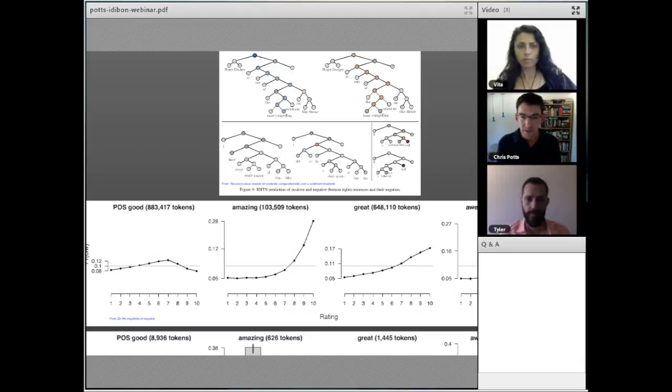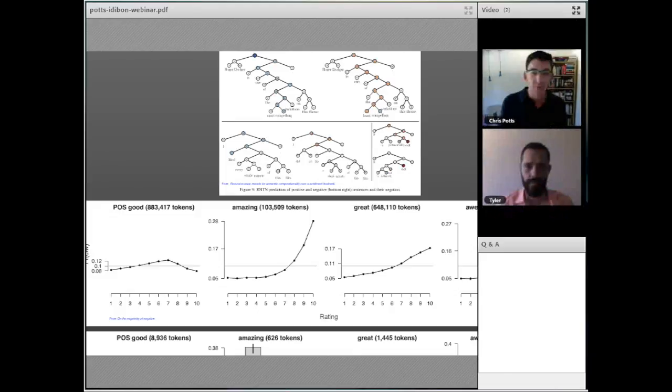Great is a little bit less biased in that direction. Good, when it's outside the scope of negation, is positive, but not too positive, and so forth. So this data was really great at giving us a rich quantitative picture of one dimension of meaning behind these words, which you might call the evaluative sentiment behind them.